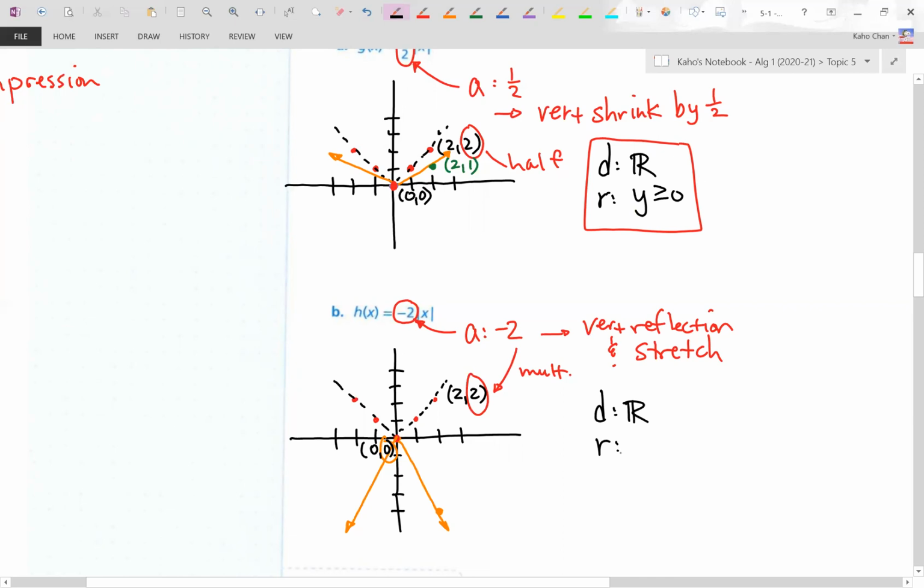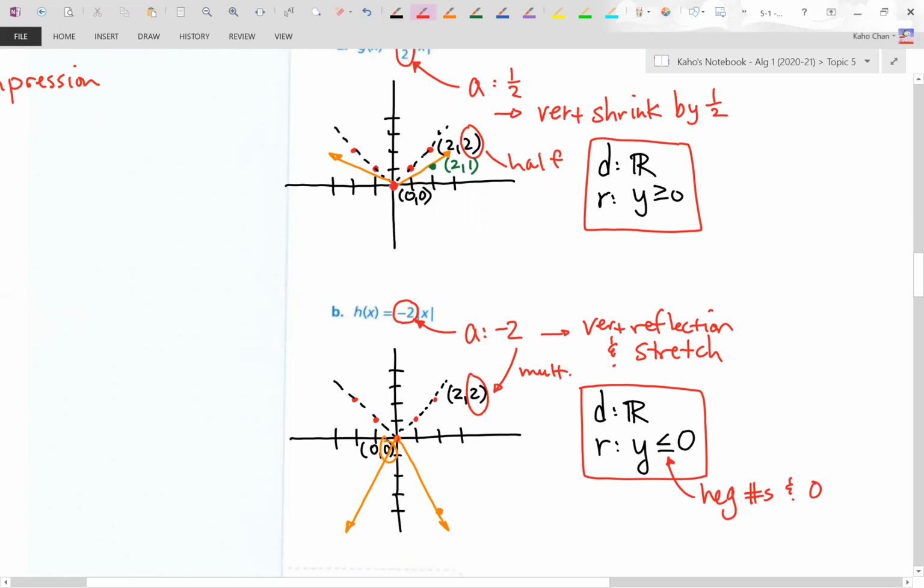It's going downwards. It starts at 0, but it's going downwards. All my y values now have become negative. Okay, makes sense? So that little less than or equal to sign is referring to negative numbers and 0. Okay, makes sense?